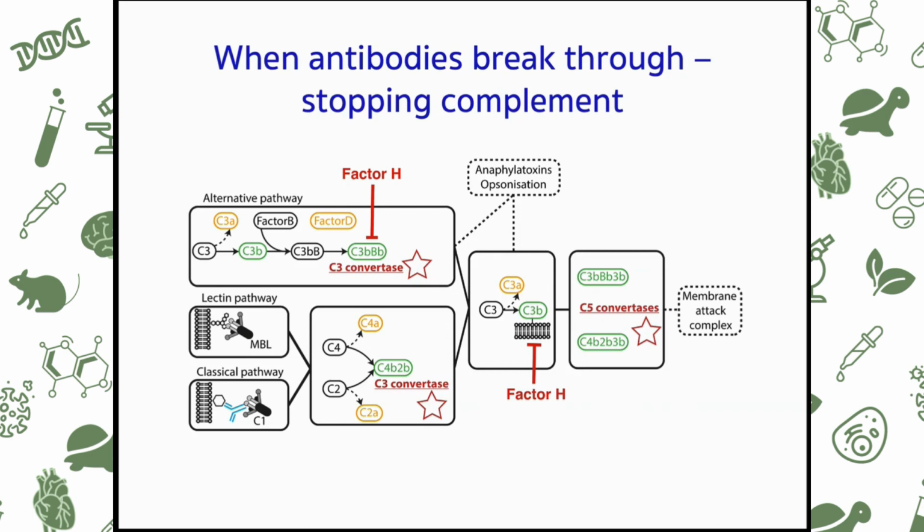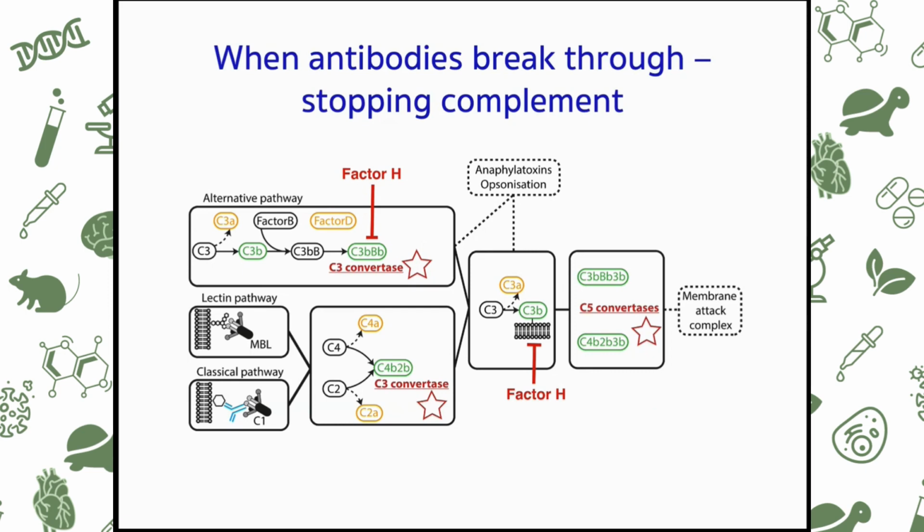There are loads of downstream things, like opsonization is downstream of this. Opsonization is when antibodies cause the parasites to clump, and then they get engulfed by macrophages and chomped up. Or on the right, the membrane attack complex, which is another set of complement proteins, which punches holes in the parasite. So this C3 molecule starts to decorate the surface of a pathogen.